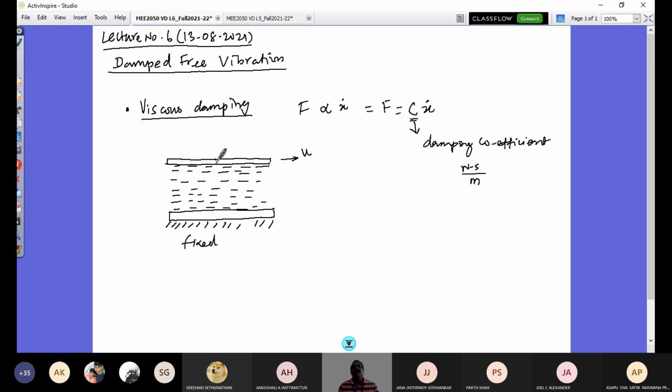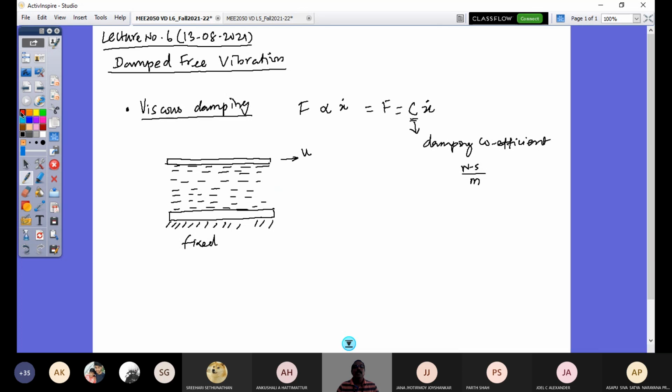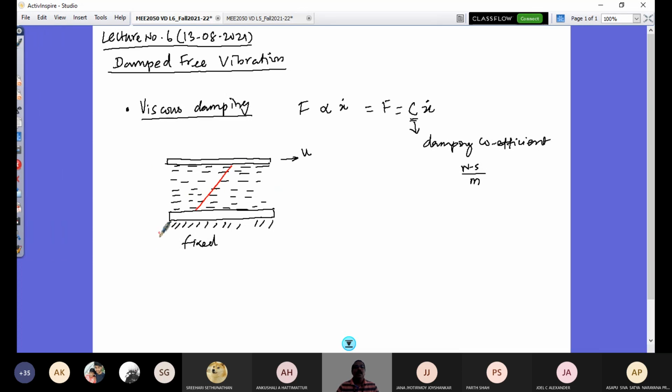The top layer in contact with the plate would have the same velocity u. The bottommost layer in contact with the fixed plate will not move at all. The variation can be imagined to be linear. So if this is the variation, what would my velocity be? The velocity here would be the same as velocity u, and then the velocity would decrease linearly.